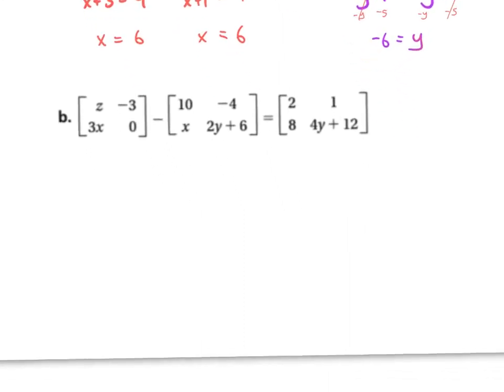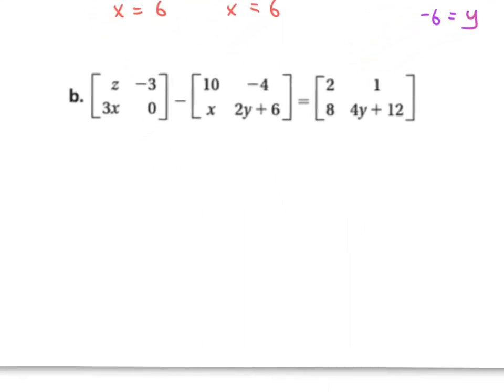This one's a little bit more complicated because we have an equation to manage. So watch this. We have z minus 10 equals 2. It's all corresponding components here. So let's follow that same process here. 3x minus x is equal to 8.